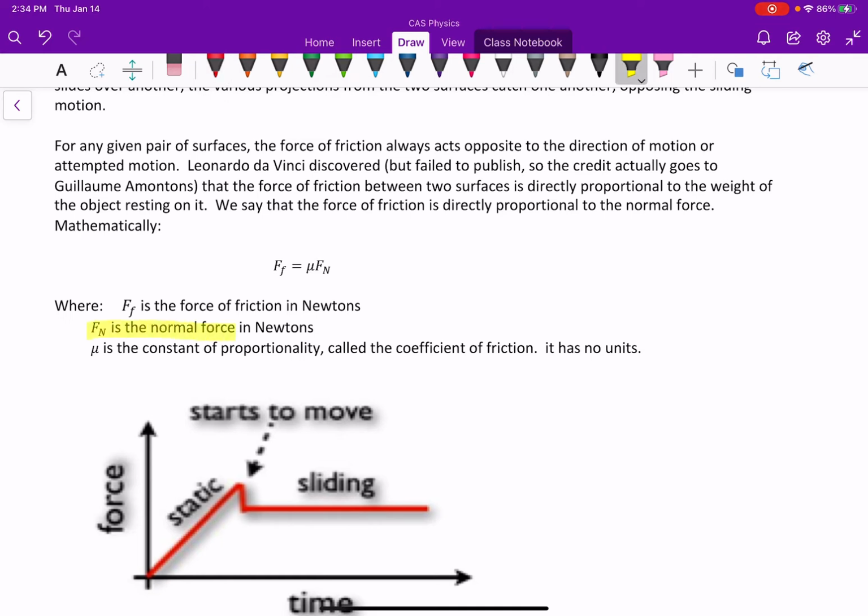how heavy the top object is, and we measure that in terms of the normal force that is applied. Really what I'm trying to say here is, how heavily does it push down? How much force is the top object exerting on the bottom object?